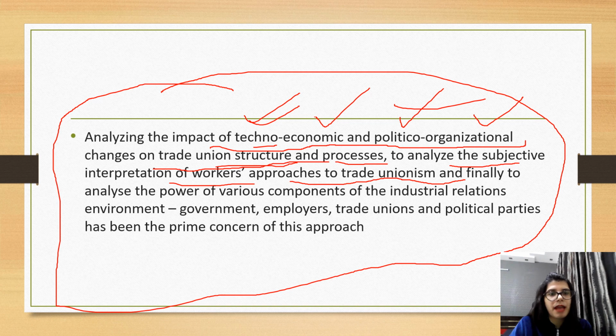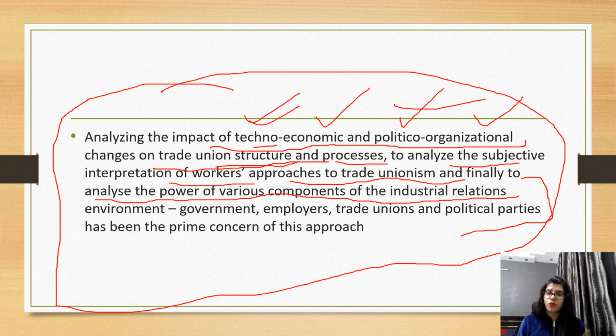and then again to analyze the subjective interpretation of workers' approaches to trade unionism and finally to analyze the power of various components of industrial relations। तो इसमें मैंने आपको कहा था ना, कंट्रोल, सबसे पहले कंट्रोल भी करना चाहती हैं इकोनॉमिक इंटरेस्ट के साथ साथ ट्रेड यूनियंस, और यहाँ पे पावर को भी हम एनालाइज करते हैं। इसमें पावर किन की, जो हमारे ये सब फैक्टर्स हैं, जो हमारे एक्टर्स हैं, ठीक है, एक्टर्स हैं हमारे इंडस्ट्रियल रिलेशंस के, एम्प्लॉयर्स के, ट्रेड यूनियंस की, पॉलिटिकल पार्टीज, गवर्नमेंट, ठीक है, तो इनकी power को भी we analyze in this approach.